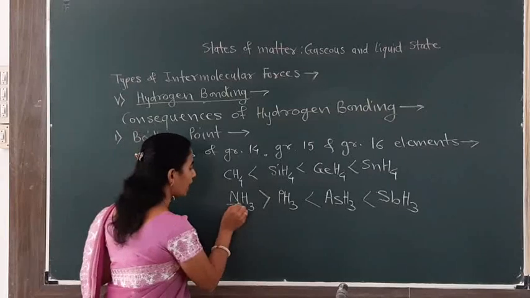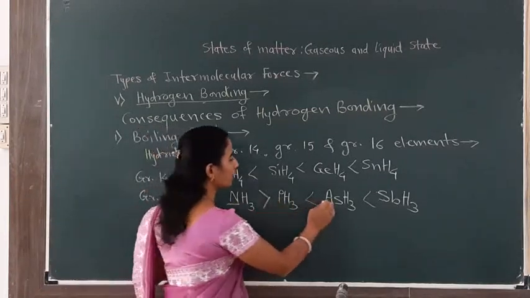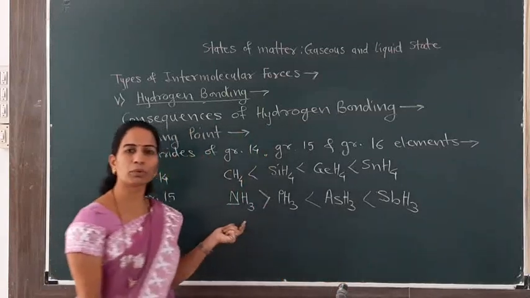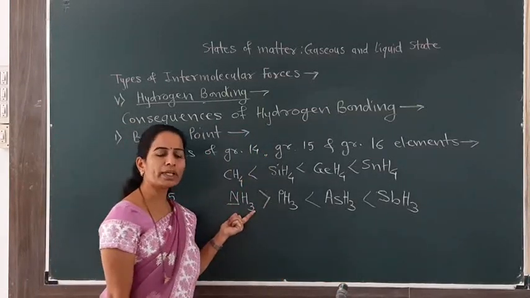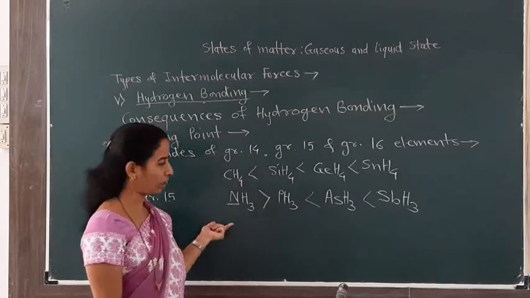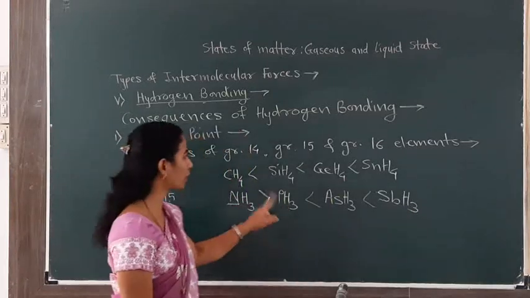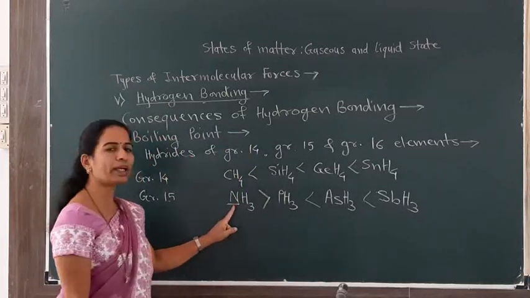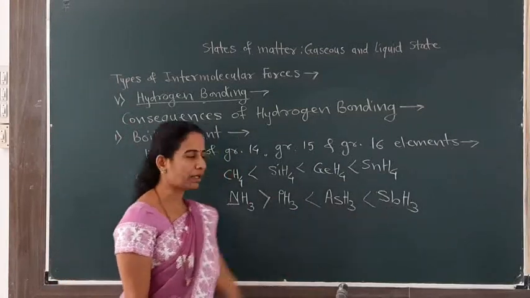Now here the nitrogen atom is more electronegative than the remaining atoms of group 15, and therefore only ammonia molecule is showing the hydrogen bonding. Other hydrides are not showing the hydrogen bonding, and therefore the boiling point of ammonia is greater than the remaining hydrides.